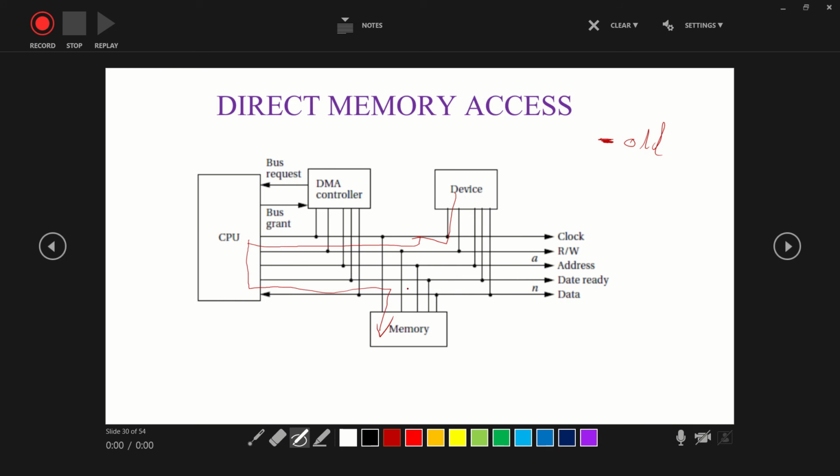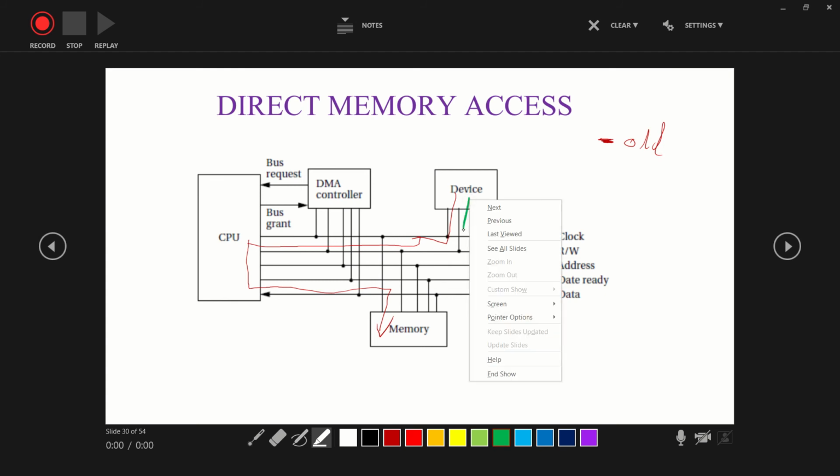By using DMA, the data goes directly from the device and is stored in the memory.